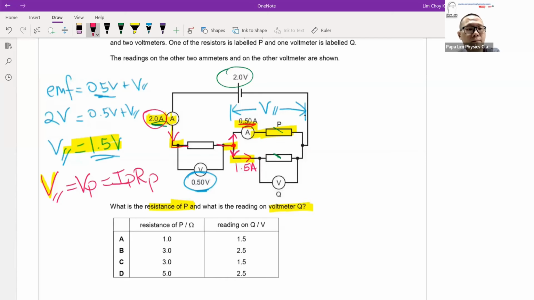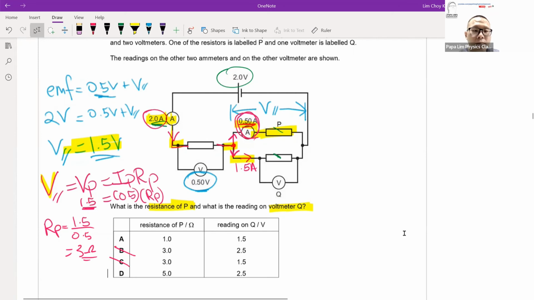So if I know that Vp is 1.5 and Ip is 0.5, I will be able to calculate the resistance value for resistor P, which is 1.5 divided by 0.5. If you press your calculator, 1.5 divided by 0.5, it will be 3 ohms. So automatically it will be B or D. Now we still can't get the answer yet. You can only isolate the answer to be B or D.